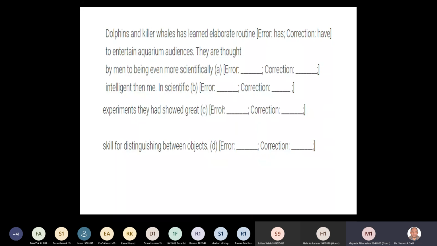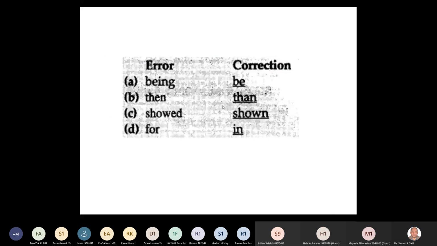I think in makes more sense. I stand corrected, I think in distinguishing between objects, like Hala is saying. Okay, is that clear? Yes. Okay, good. Even in the answer key we have in. Thank you so much, Hala.